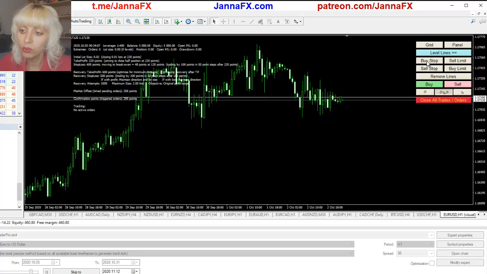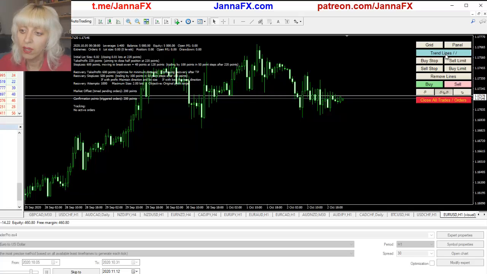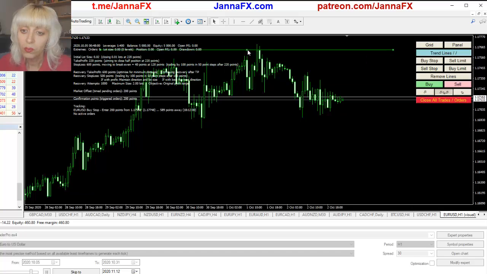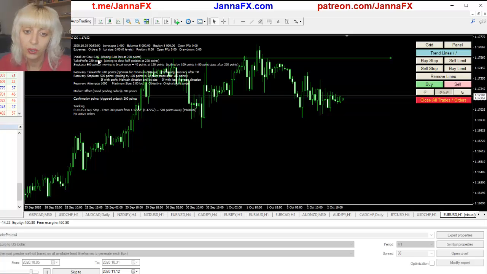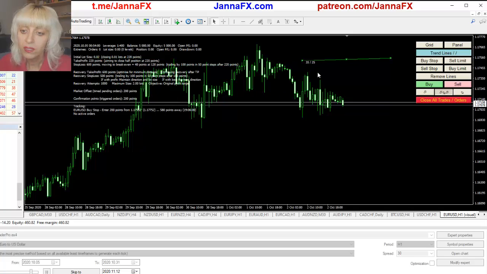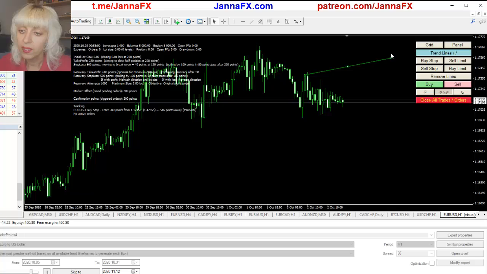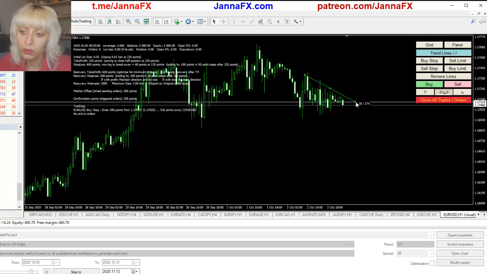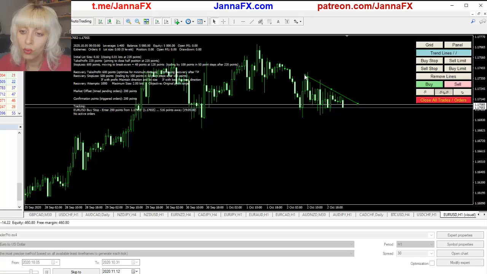So I press level lines, then switch to trend lines, and press buy stop. You see this green line, which you can drag around and change position. You grab one side of it and then the other side, and that's how you place it. That's you drawing your little trend line.